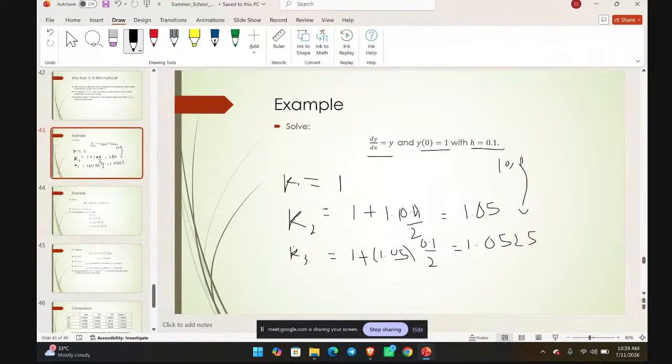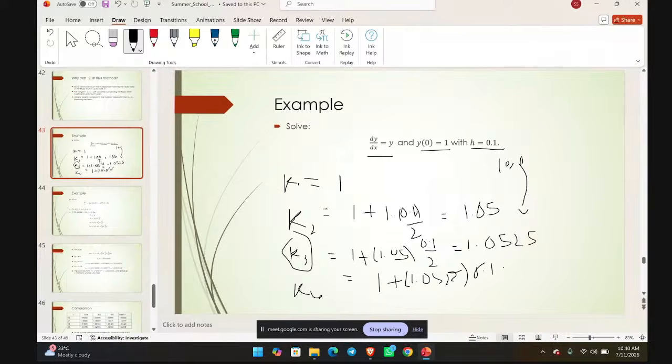And using this K3 improved slope, we finally take an entire step forward and reach a point K4. K4 is equal to y0 plus K3, that means 1.0525, into h, 0.1.